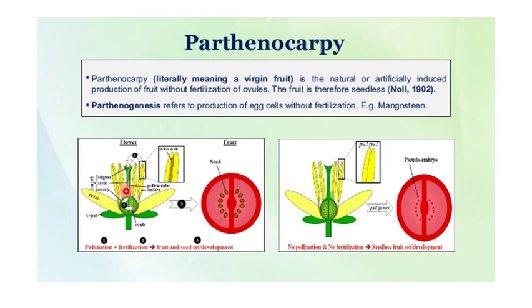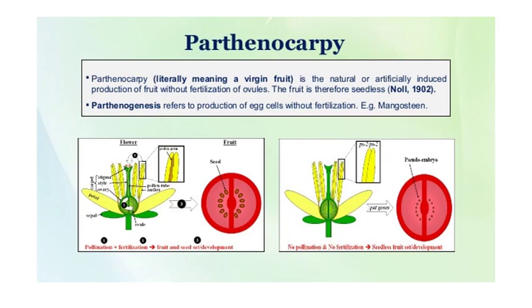The parthenocarpy trait is highly useful to develop fruit under environmental conditions that are unfavorable for successful pollination and fertilization, particularly in greenhouse cultivation and especially in cross-pollinated crops.